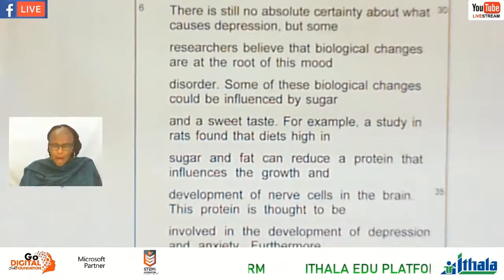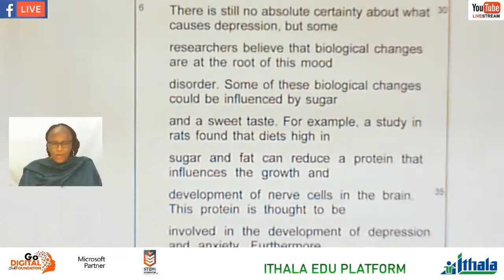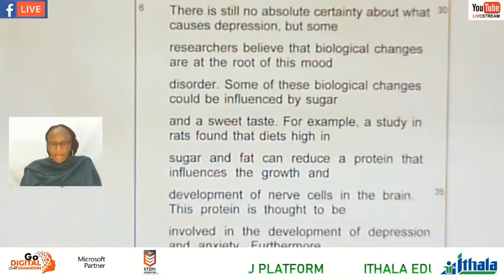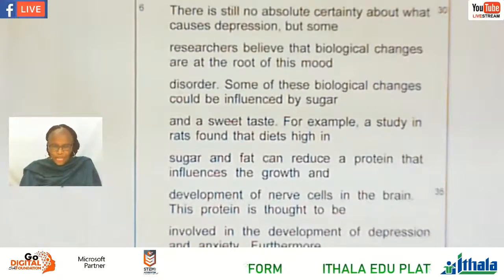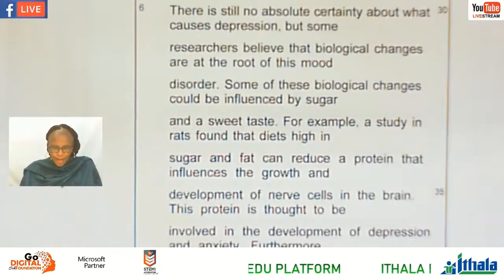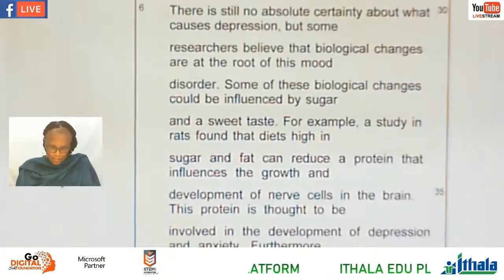There is still no absolute certainty about what causes depression, but some researchers believe that biological changes are at the root of this mood disorder.